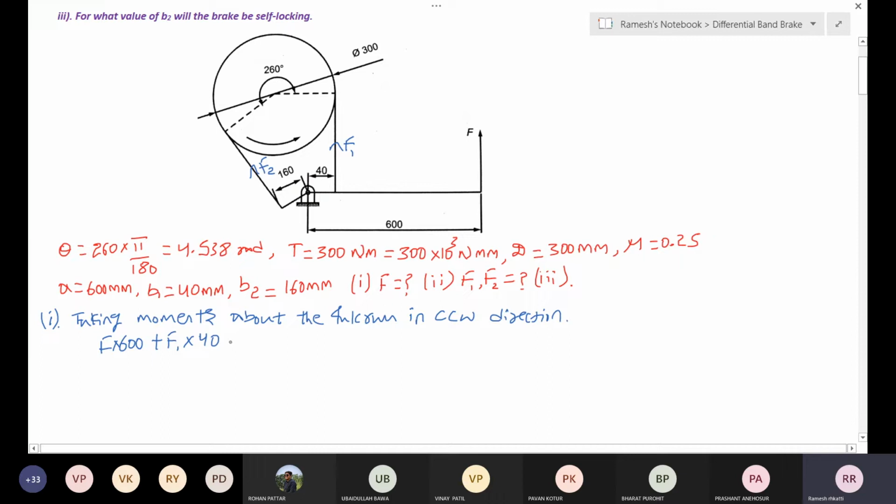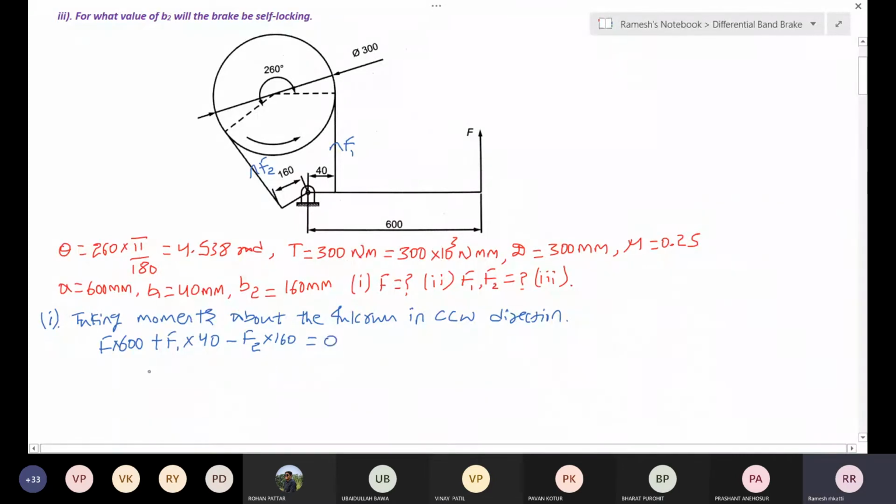Clockwise means we take it as negative, minus F2 into distance. The distance is 160. Minus F2 into 160 is equal to 0.